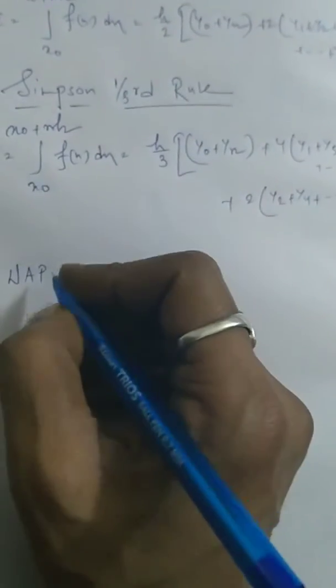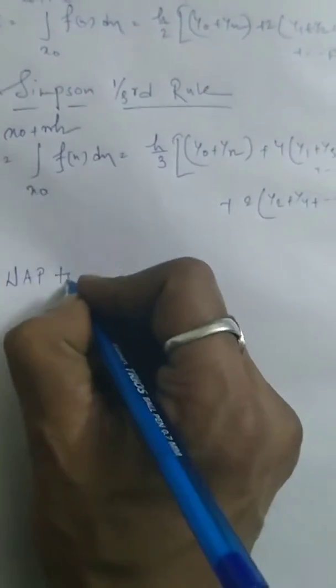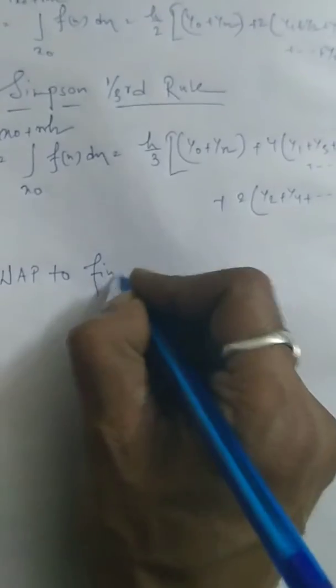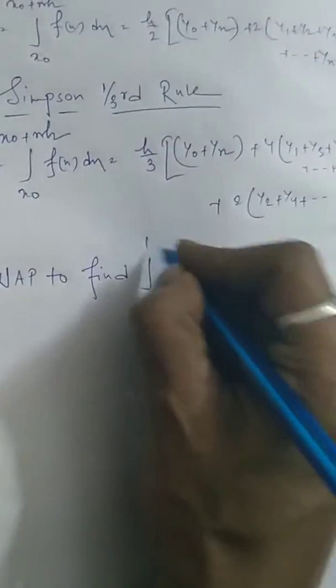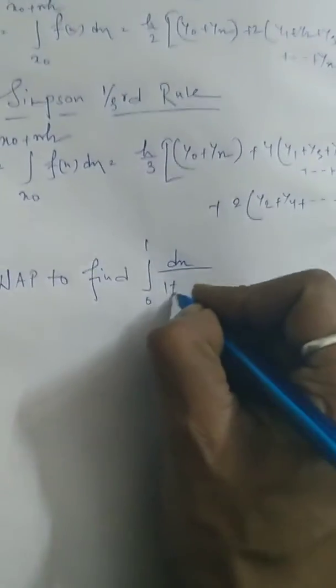Okay, so now if the question is like this: write a program to find the integration from 0 to 1 of dx by 1 plus x square.